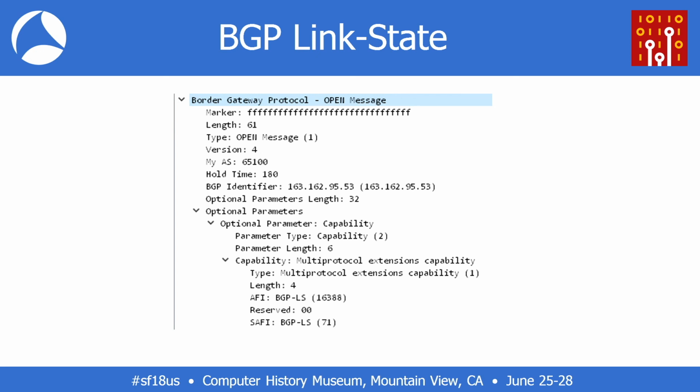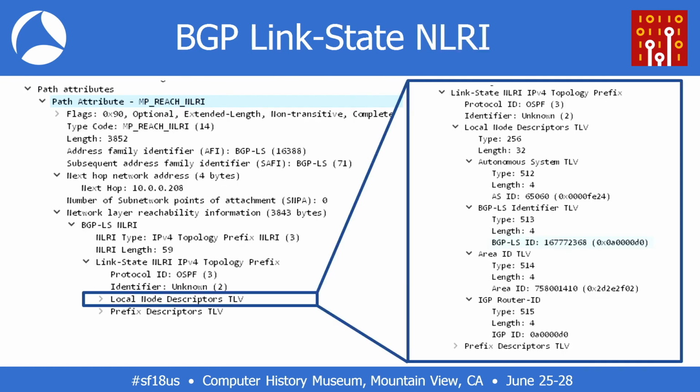So you have the multi-protocol extension capability, BGP-LS for the address family, and for the sub-address family, some values. So link-state protocols like OSPF or ISIS, OSPF version 2 and 3, are coming into BGP.